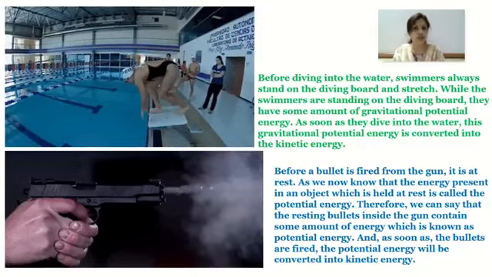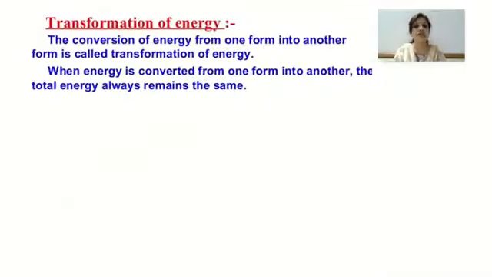Moving to the next concept, this is transformation of energy. You all are aware that the conversion of energy from one form to another form is called transformation of energy. If I ask you about this, you can give me several examples of one form of energy getting converted into another form. When energy is converted from one form into another, the total energy always remains the same.